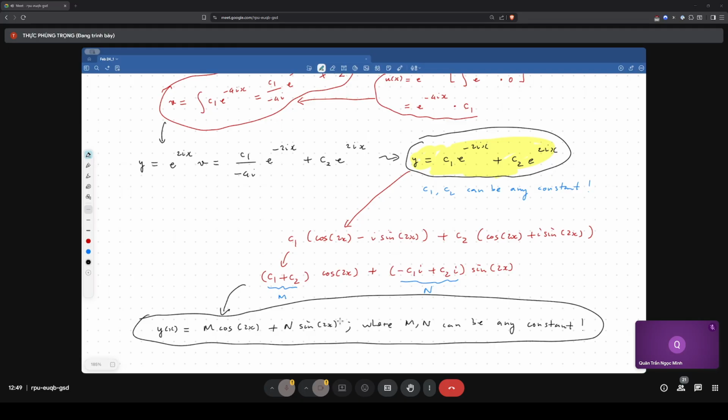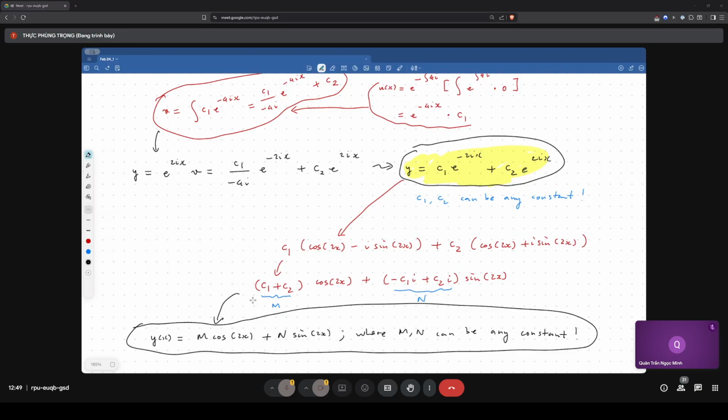It depends on your choice, whether you want to see your solution in complex numbers or in real representation.